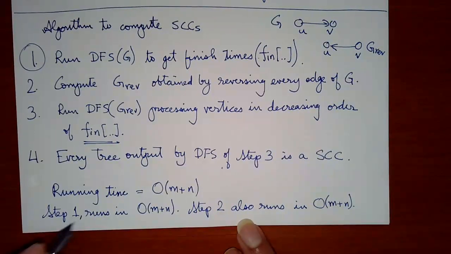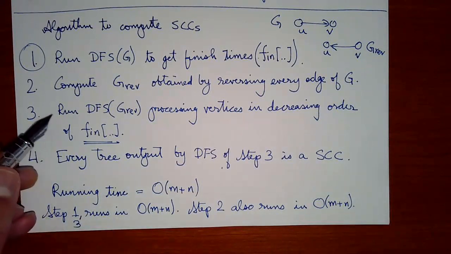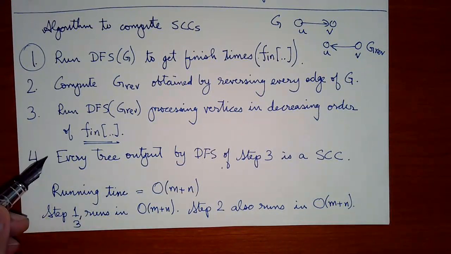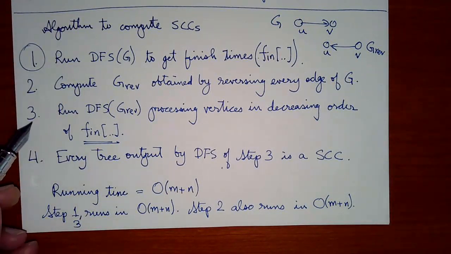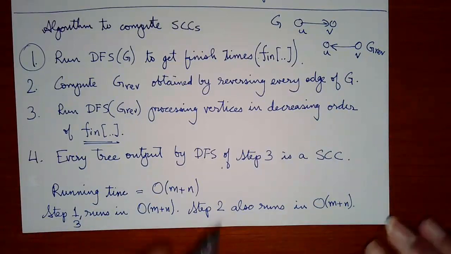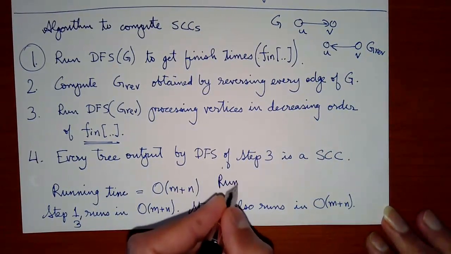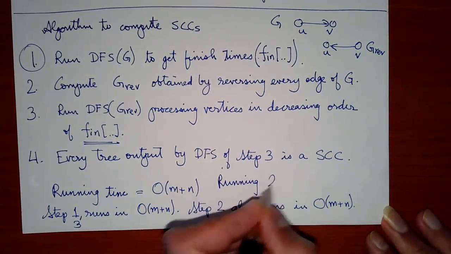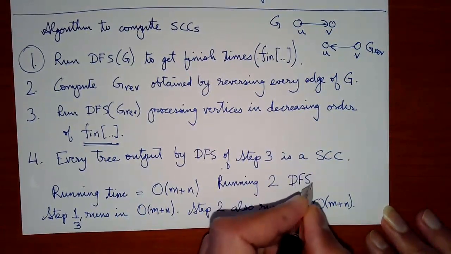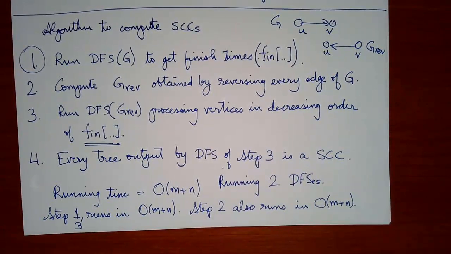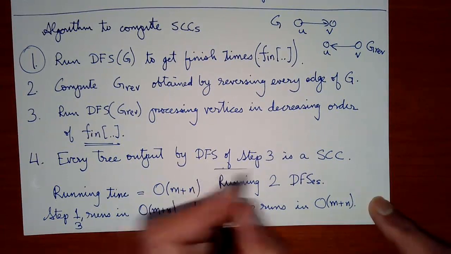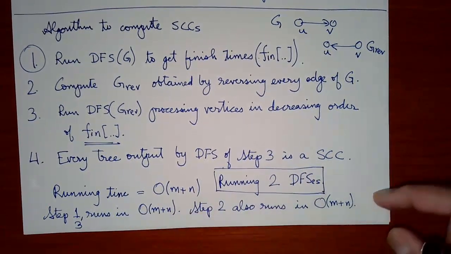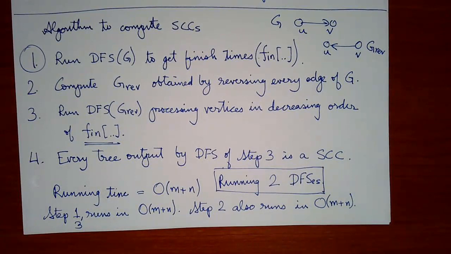Step 3 is also just a DFS, and of course, step 4 is just outputting things. So this entire algorithm runs in linear time. Step 1 is a DFS, step 3 is a DFS, so it boils down to running 2 depth first search processes, and that gives all the strongly connected components.